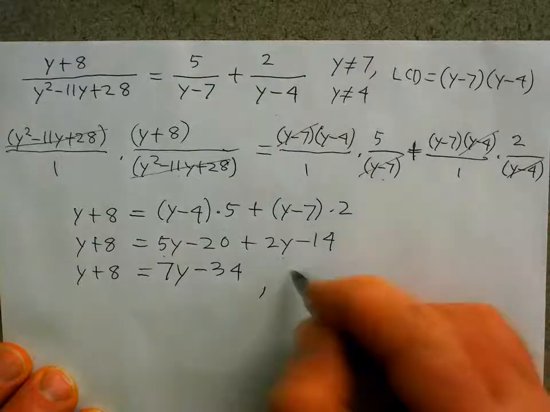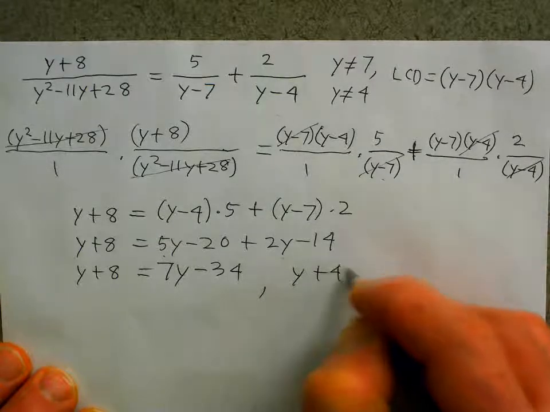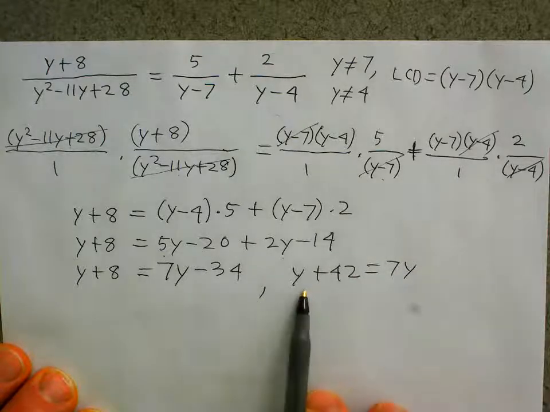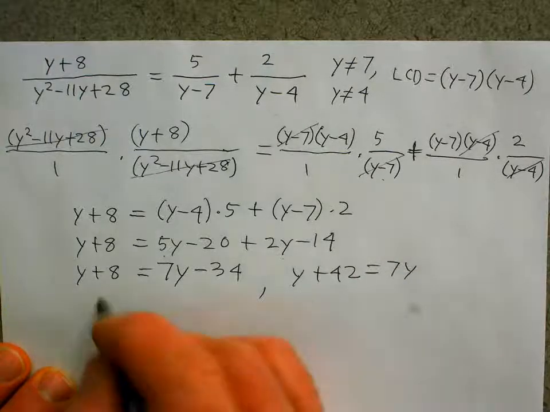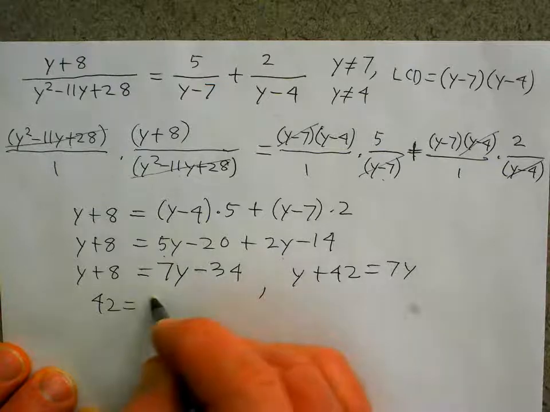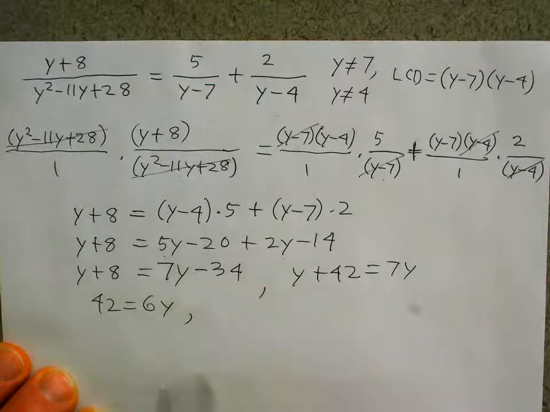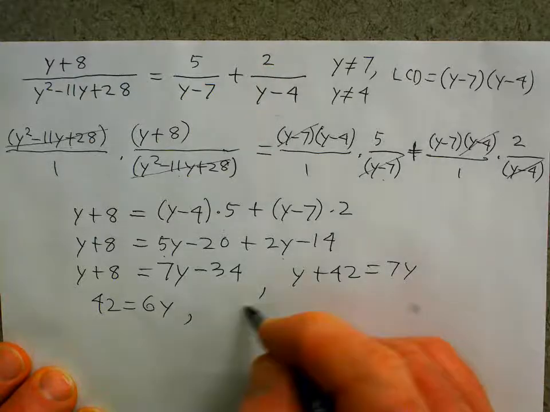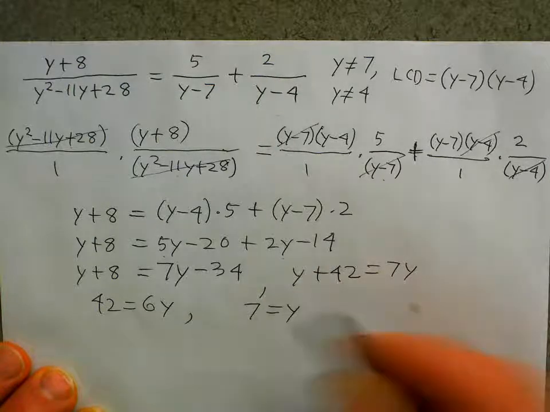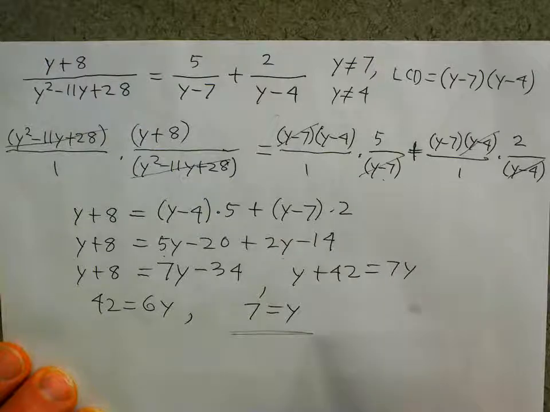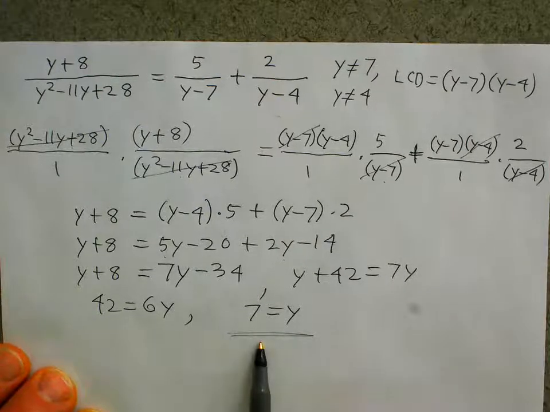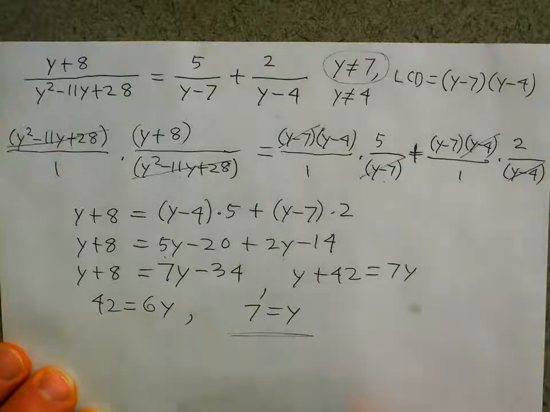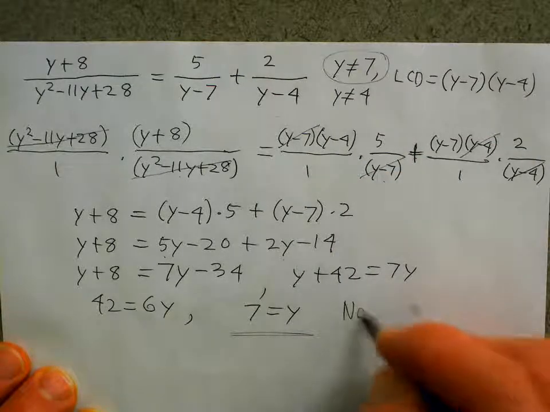So we get y plus 42 equals 7y. Then subtract y from both sides. 42 equals 6y. Then lastly, divide both sides by 6. 42 divided by 6 is 7, we get y equals 7. But 7 is a restricted value. So again, we have no solution.